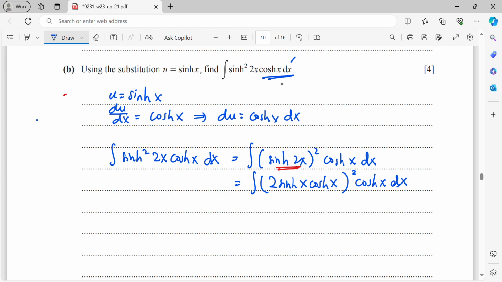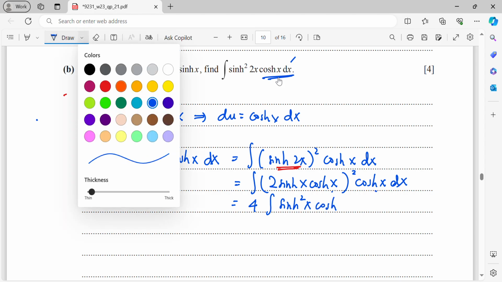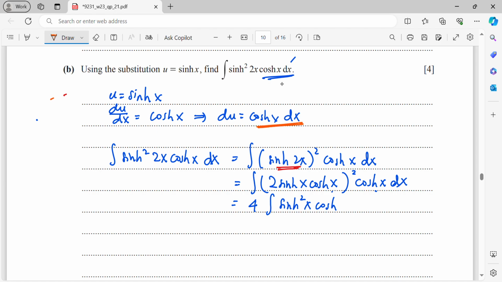Now, bring in the 2, 2 squared will be 4. So I will factorize the 4. Then I will get sinh squared x, cosh squared x together with the cosh x. I will not combine because I know that my cosh x dx is du. So I need to keep this and change to du. So therefore, my cosh squared x as one term, then after that, cosh x dx.